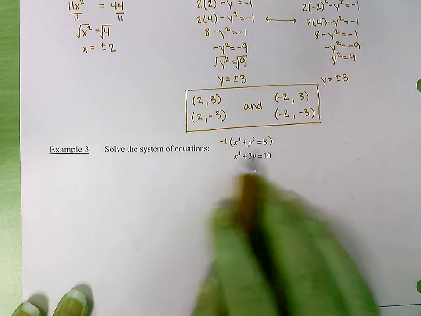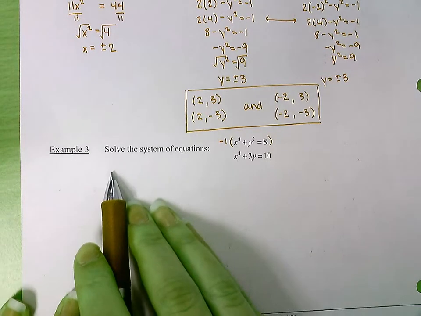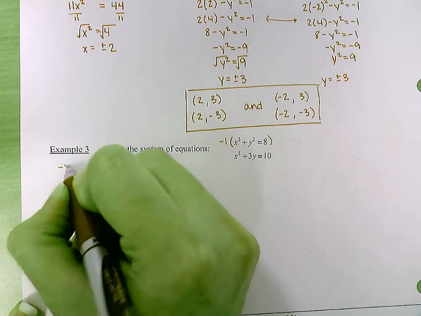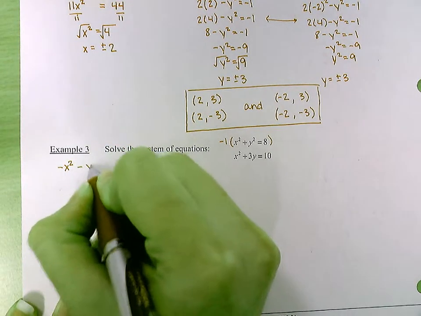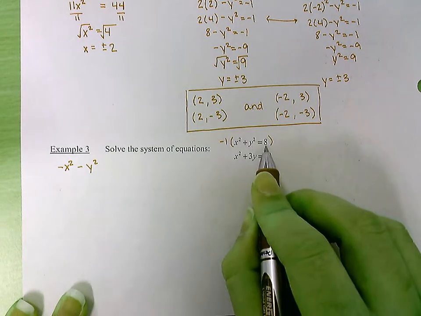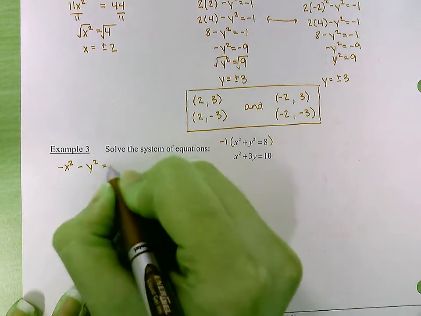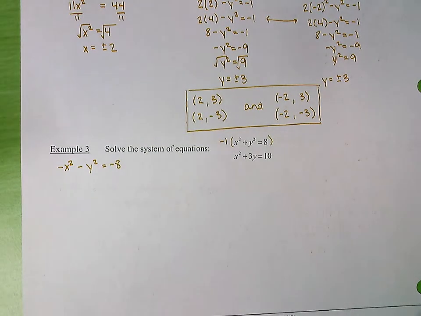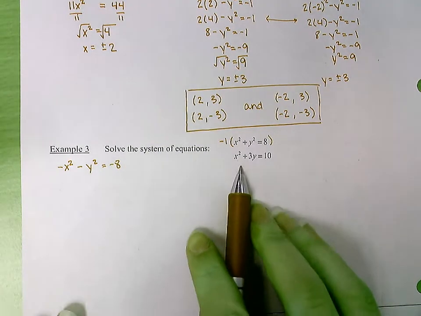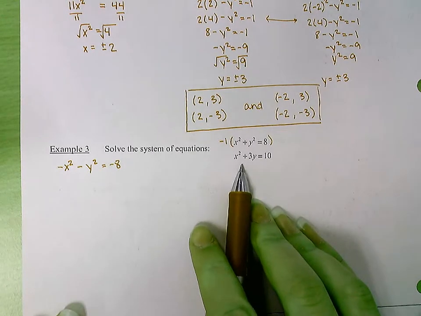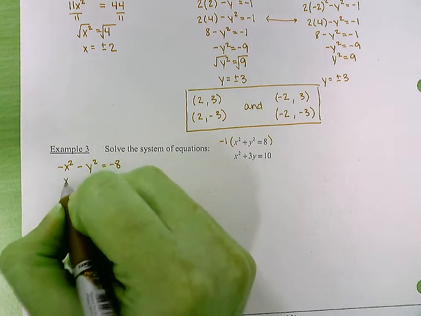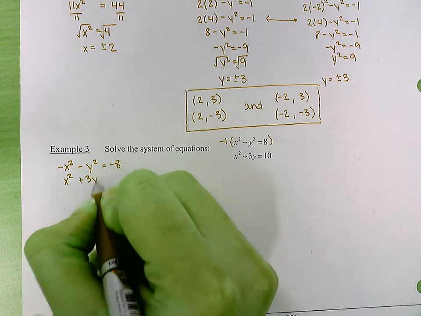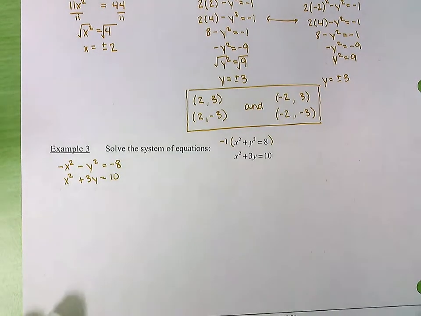So as I multiply through, I'm going to rewrite it over here. So I have -x squared minus y squared equals -8. I just multiplied each of those terms by -1. I'm going to rewrite my second equation below that: x squared plus 3y equals 10.